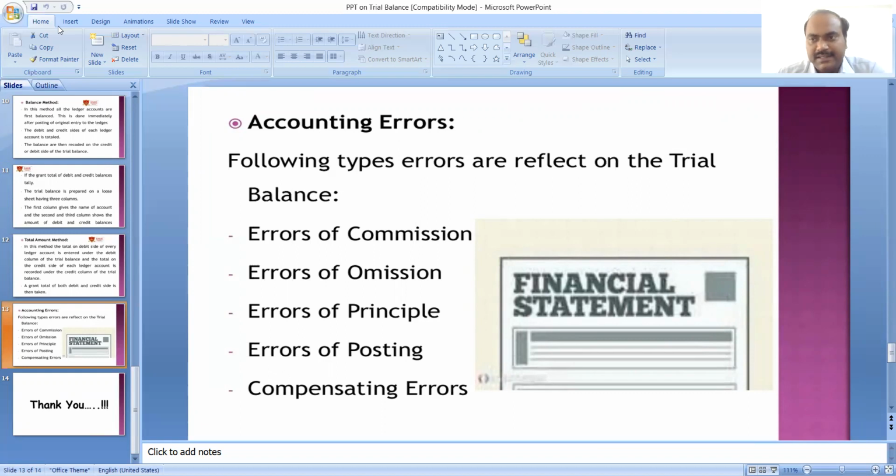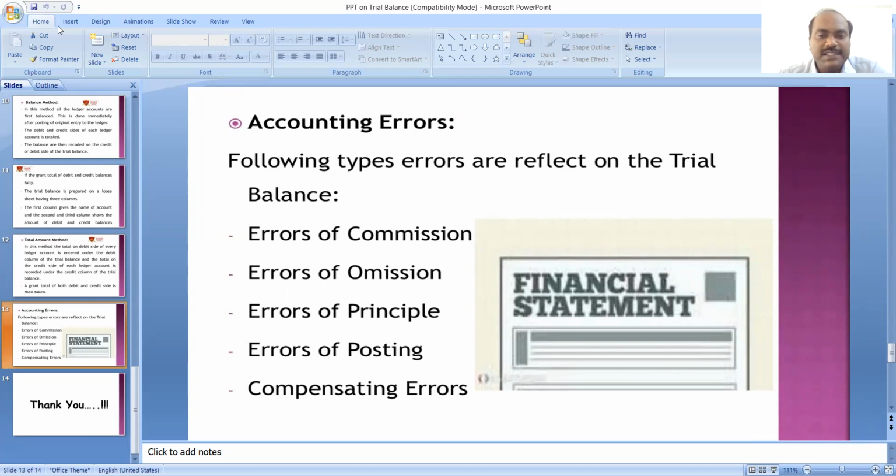When these errors are rectified, the trial balance will automatically be correct. The trial balance is prepared in order to find out whether the balances of the debit and credit sides are tallied, and if not, we can see that one of these errors is the cause.